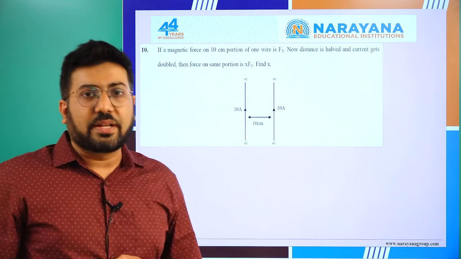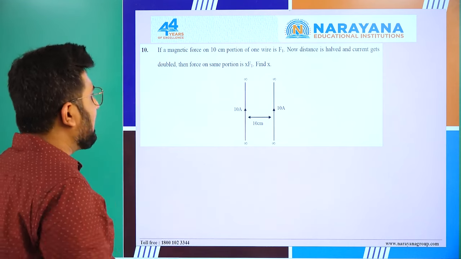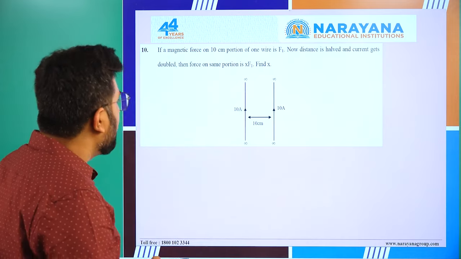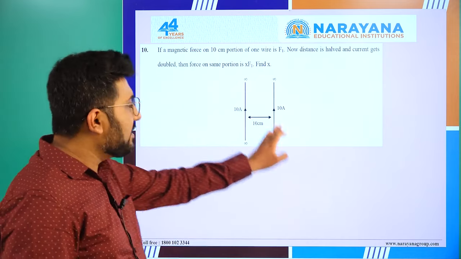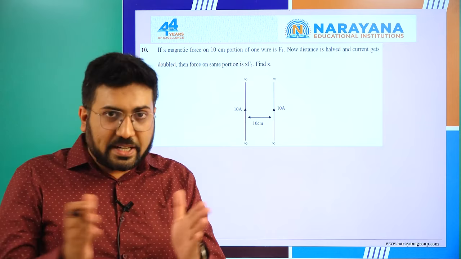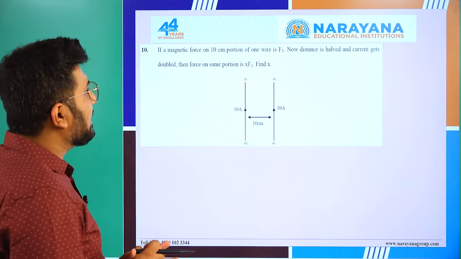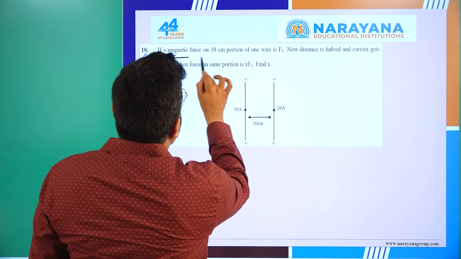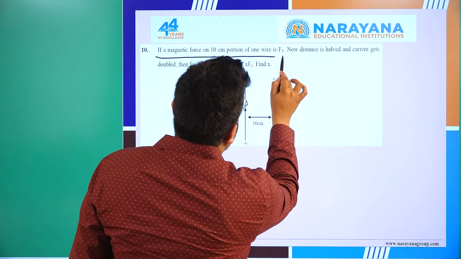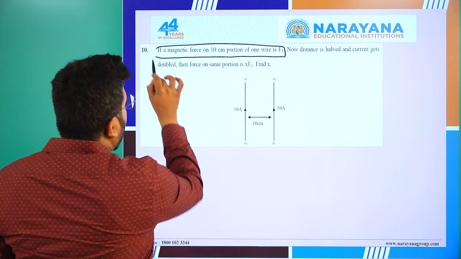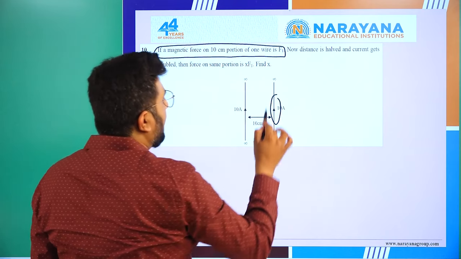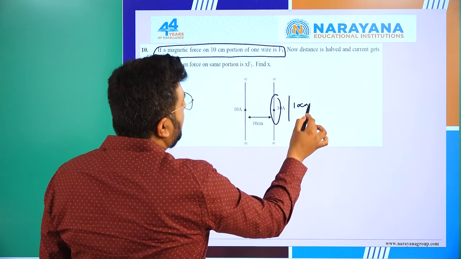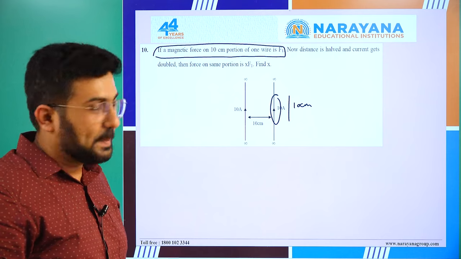So in this question, we are being given two wires. Okay, you can say two infinite wires, both carry the same current 10 ampere and they are separated by a distance of 10 centimeter. Fine. So if the magnetic force on the 10 centimeter portion of one wire is F1, so any one wire they have taken, and on this wire on a 10 centimeter portion the force is F1.